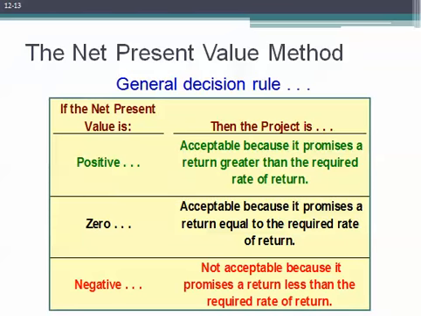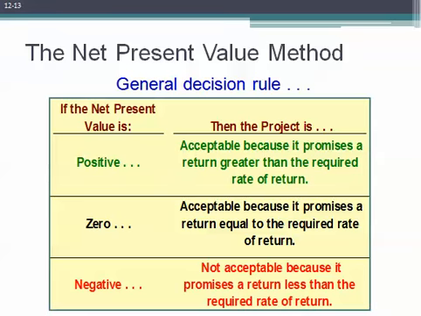In evaluating investment decisions, our net present value rule is quite simple. If the present value of cash inflows is greater than the present value of cash outflows, then the NPV will be positive, and we should accept the project because it will provide a return greater than our required rate of return.